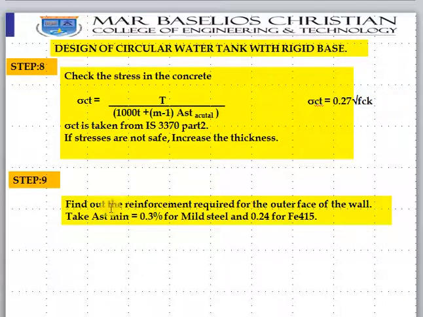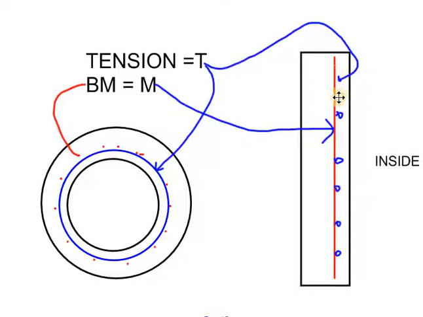The next step is finding out the outer face wall reinforcement. So you see this is the inner face. This reinforcement we have found out to take care of this tension and bending moment. So you will have reinforcement at the outside also. You need it, because I told you we need to provide two layers.